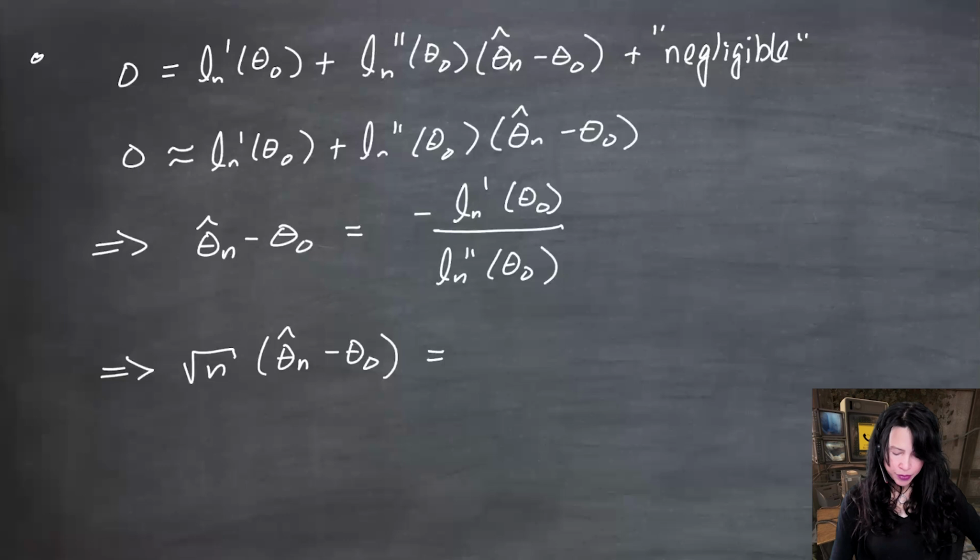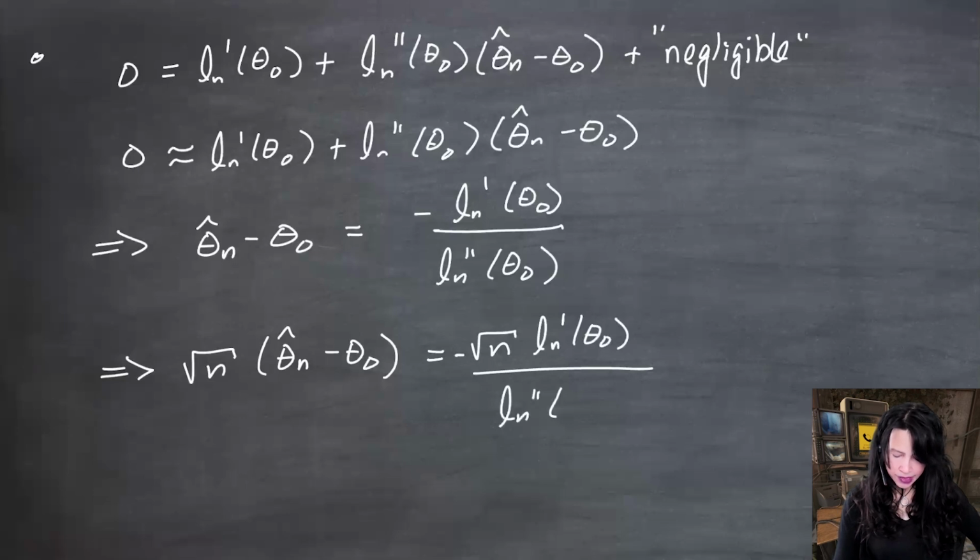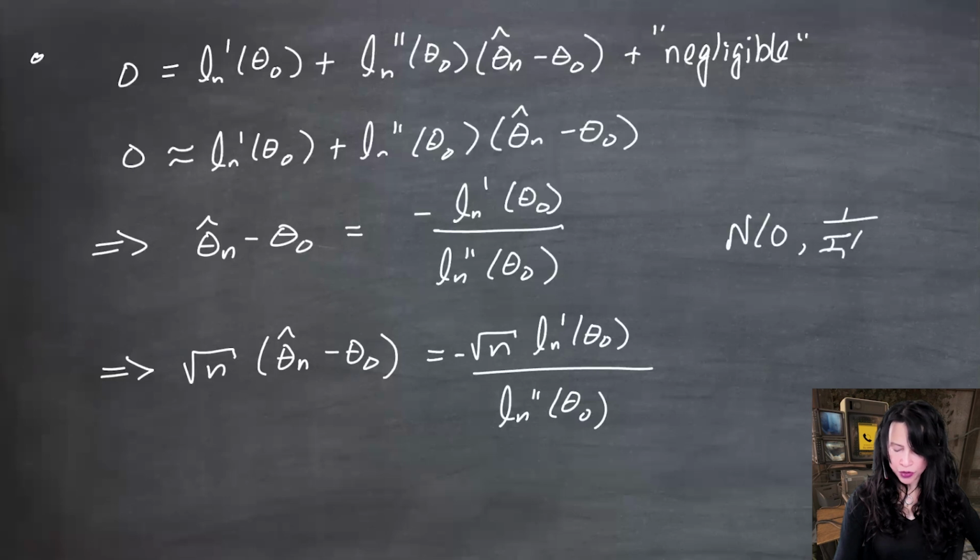So I'm going to put the square root here, and actually I could put the negative anywhere. Let's put it here. There's our first derivative and our second derivative. And so we want to show that this goes in distribution to a normal 0, 1 over the one-dimensional Fisher information.